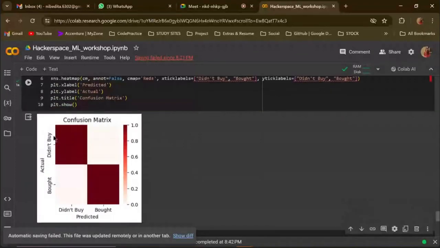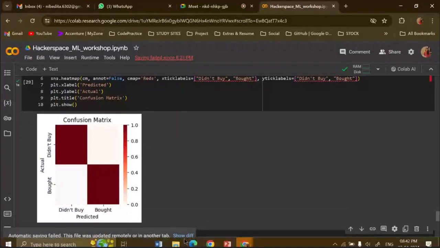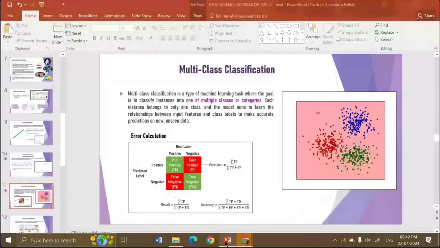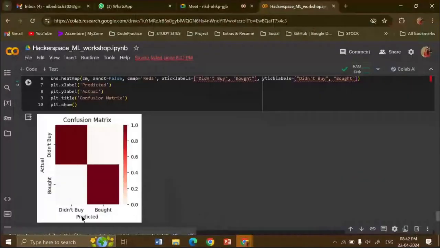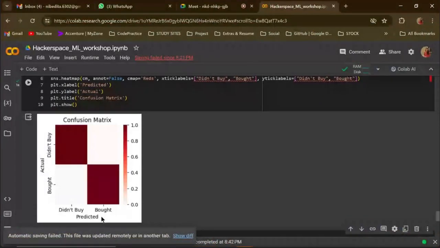So we see the confusion matrix, and this is the predicted data. In the PPT, the x-axis had the real labels, the actual data, and the y-axis had the predicted labels. Here it is the other way around, but it does not matter much, it's the same thing.